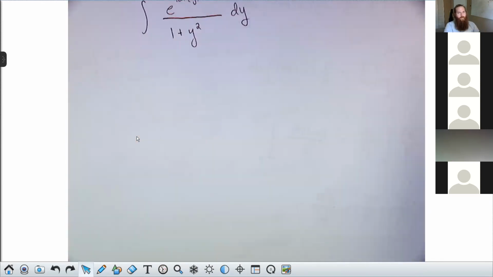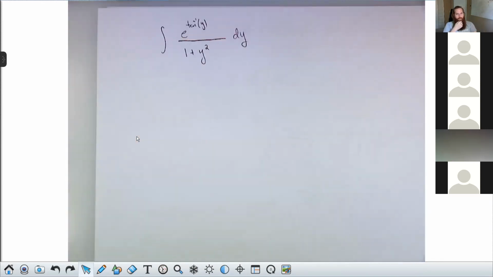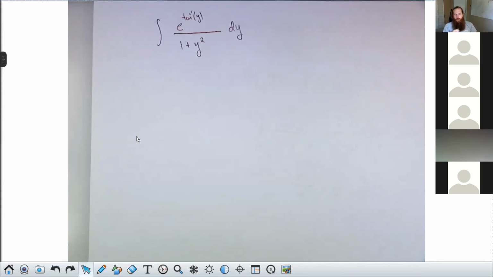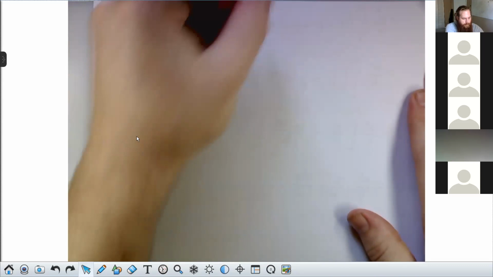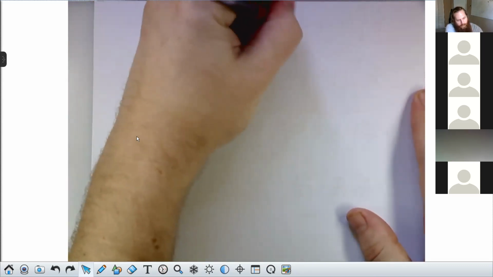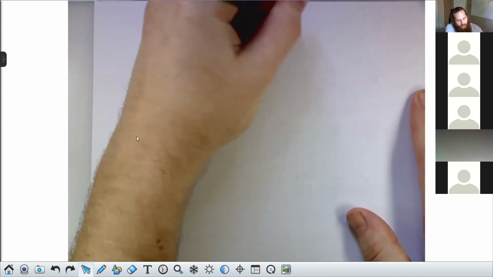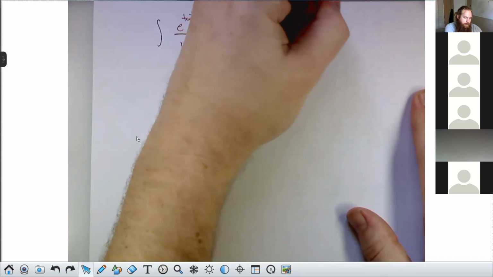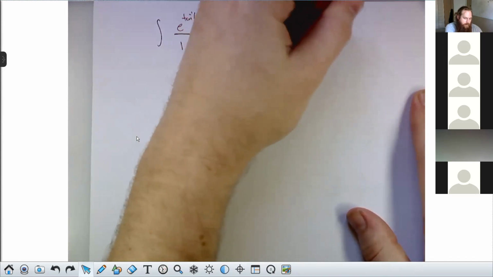When you solve it, you're going to need to treat it as a definite integral and handle everything properly, meaning changing your bounds, evaluating between the new bounds, all that good stuff. But the trick to this guy is to read him as e to the inverse tangent of y times 1 over 1 plus y squared dy.